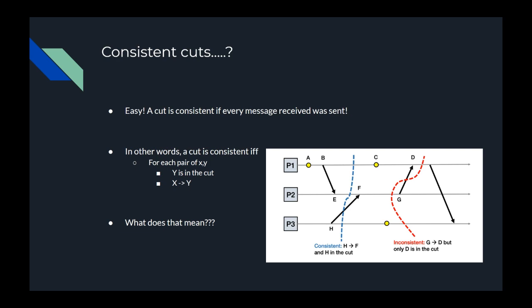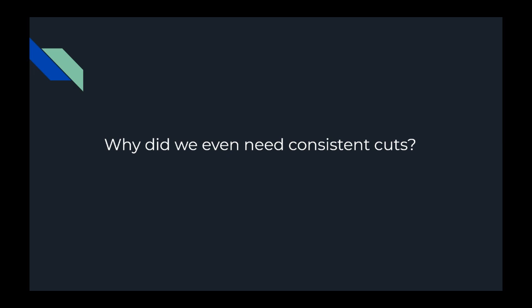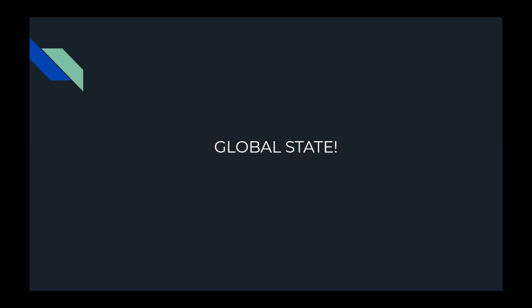So that's an inconsistent cut. So you may ask, why do we even need consistent cuts? What's the point? Well, they're really good for global state. All cut events of a consistent cut can occur simultaneously, and there's a potential execution of the distributed computation in which all cut events indeed happen in real time.